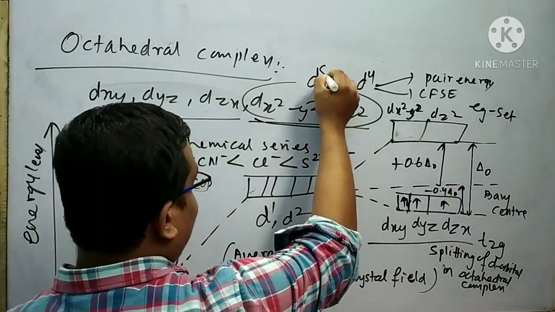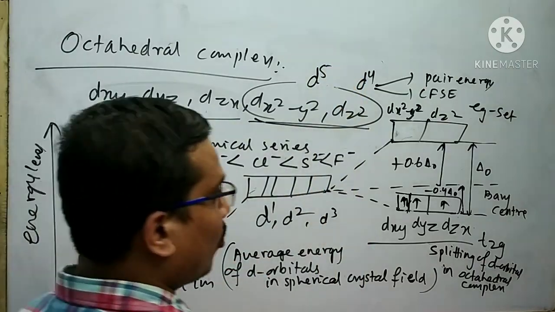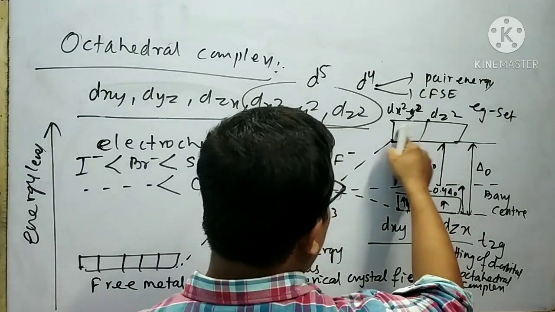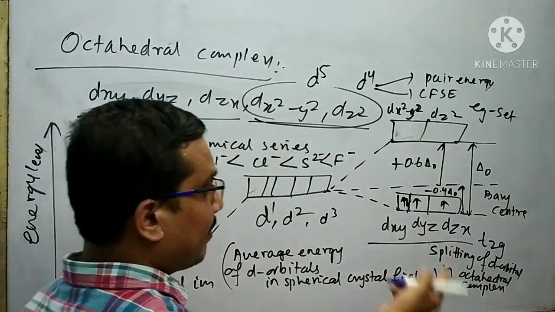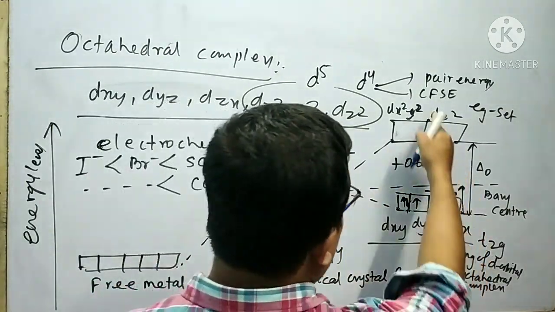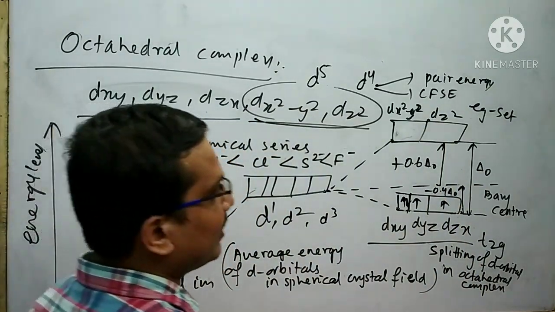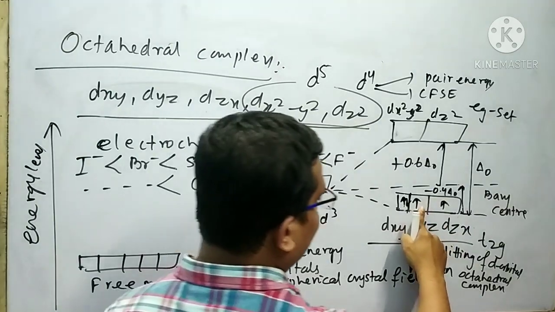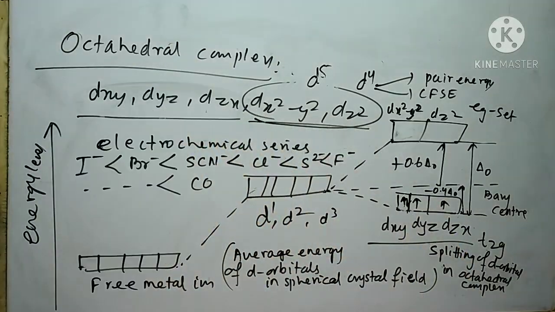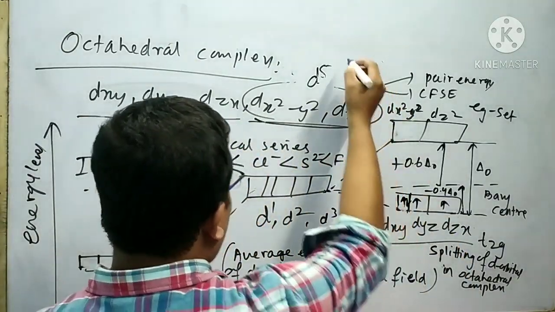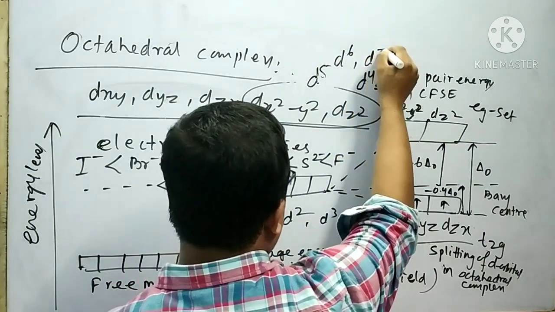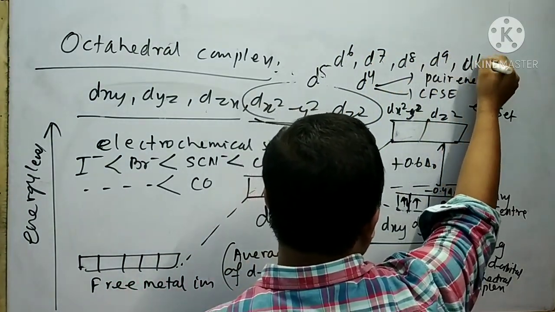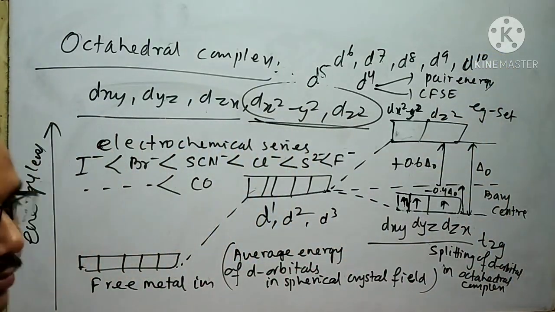For d5, if the pairing energy is more, then the fourth and fifth electrons are present in these two orbitals. If the pairing energy is less as compared to the crystal field stabilization energy, then the fourth electron is present here, then the fifth electron is present here. Like that, we can also think about the d6, d7, d8, d9, d10 electronic configurations.